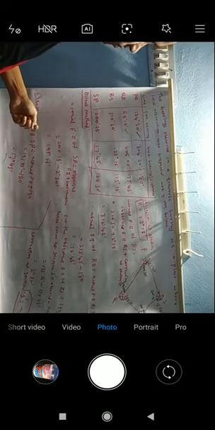So all these values you have to tabulate on the table. Can I erase this? Right. So we need correct bearings.